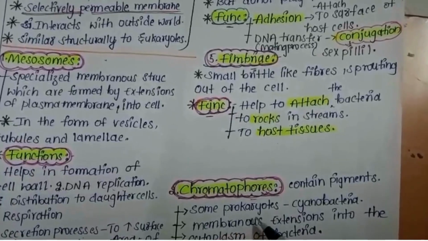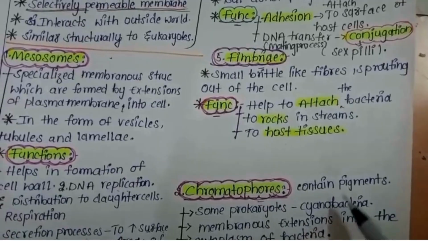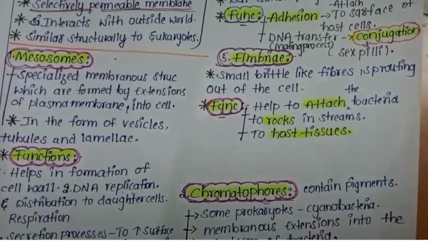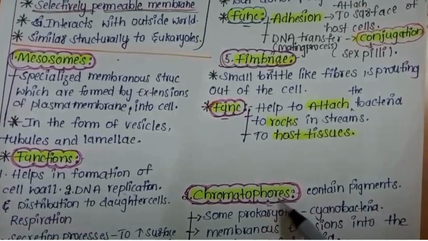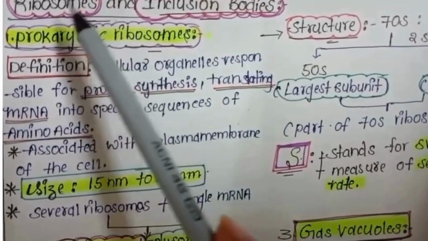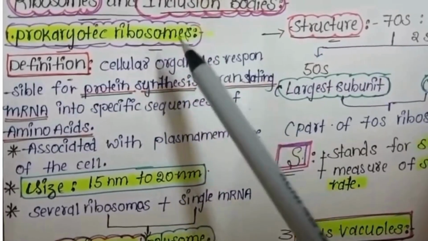In some bacteria, there are membranous extensions containing pigments, which extend into the cytoplasm of the bacteria, known as chromatophores.